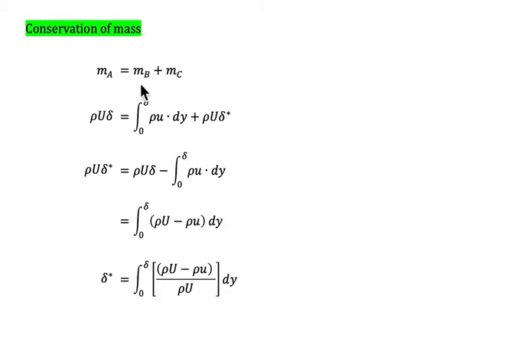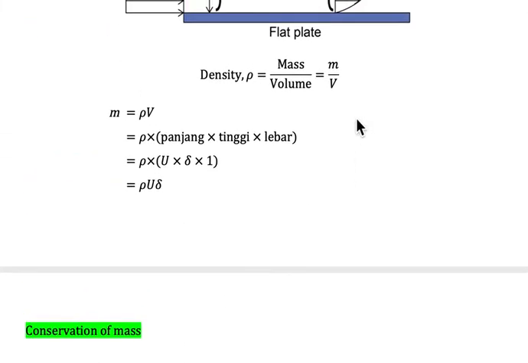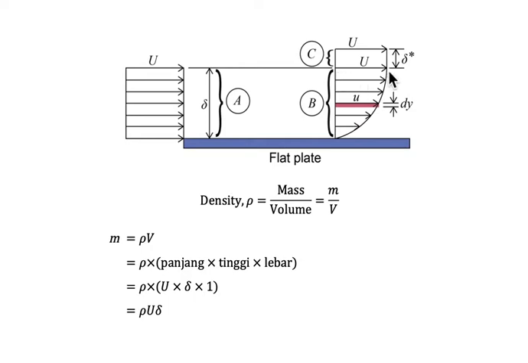If we look at this area, the local velocity keeps increasing. So we just imagine we have a colored area here. Because it is very small, we could imagine that this area is a rectangular area. We define its length as small u, which is the local velocity. The thickness is very small, so we define it as dy.